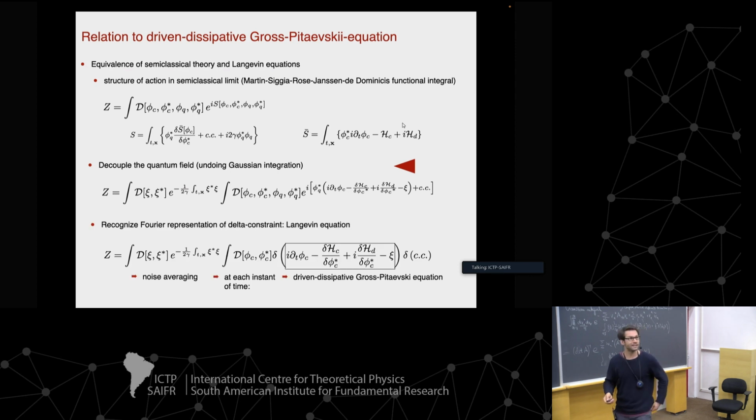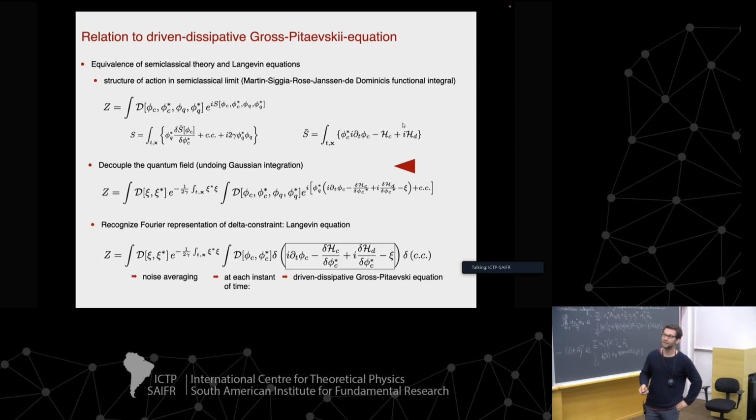And then we do the same trick as yesterday, where we argued that the integration over phi q, because we got rid of the phi q squared term, is now entirely linear in phi quantum, and we recognize this, if you like, as a Fourier representation of a delta constraint.